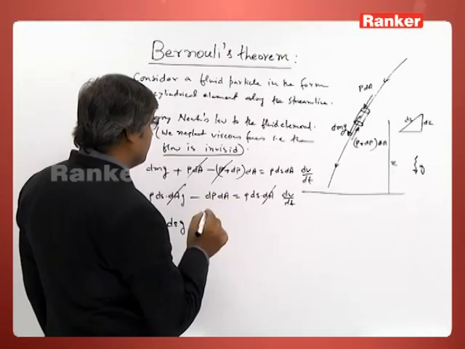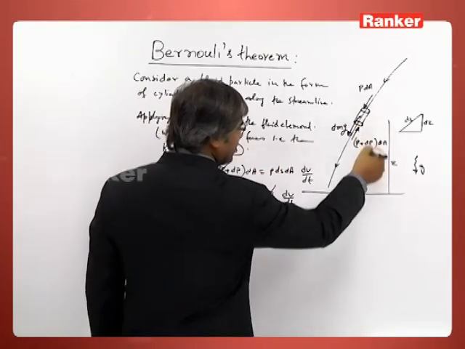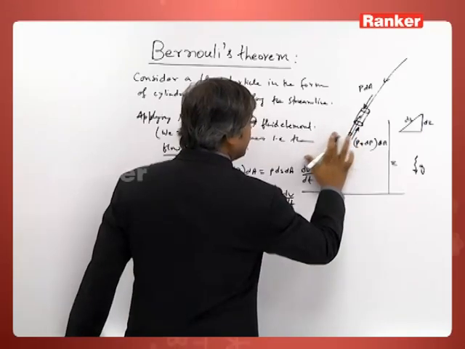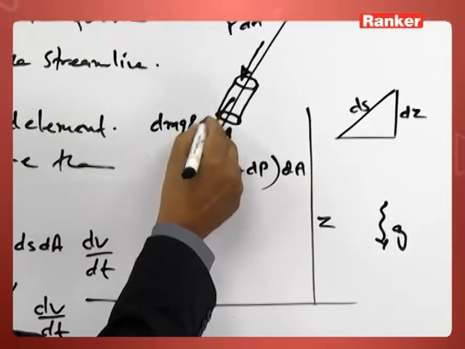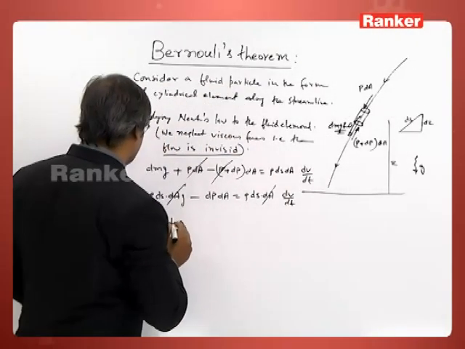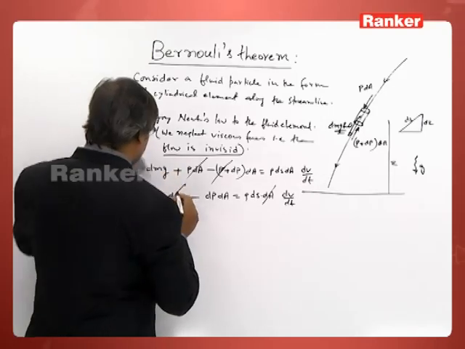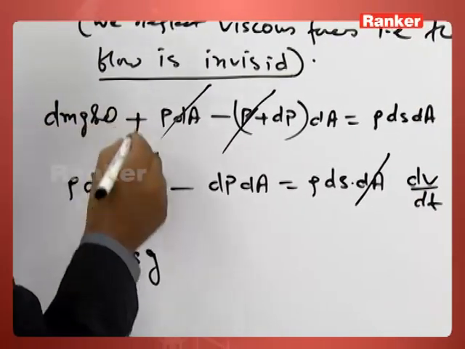Now one more thing, I have missed one. The weight is acting along this direction, so I will have not just dmg but dmg sin theta. Because the force dmg is downward, its component along the streamline is dmg sin theta.